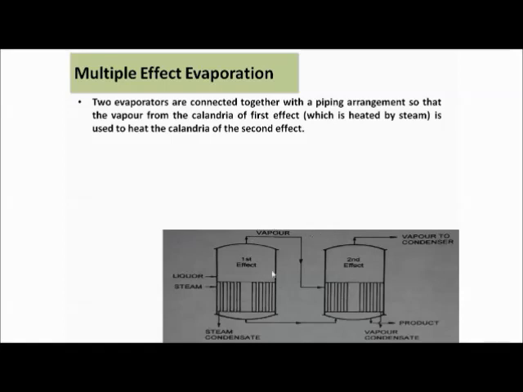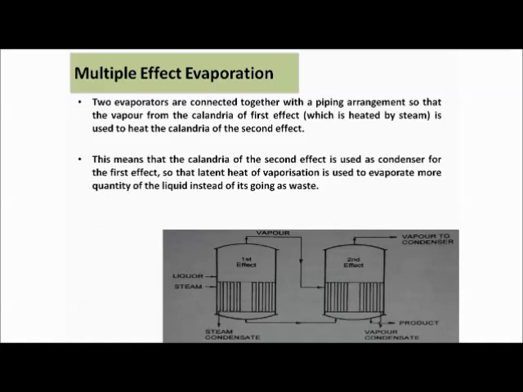Here, these are the two evaporators, right? This means that the calandria of the second effect will be used as a condenser. Whatever vapor it has produced here, once it reaches this calandria, the heat of the vapor will be lost here, right?